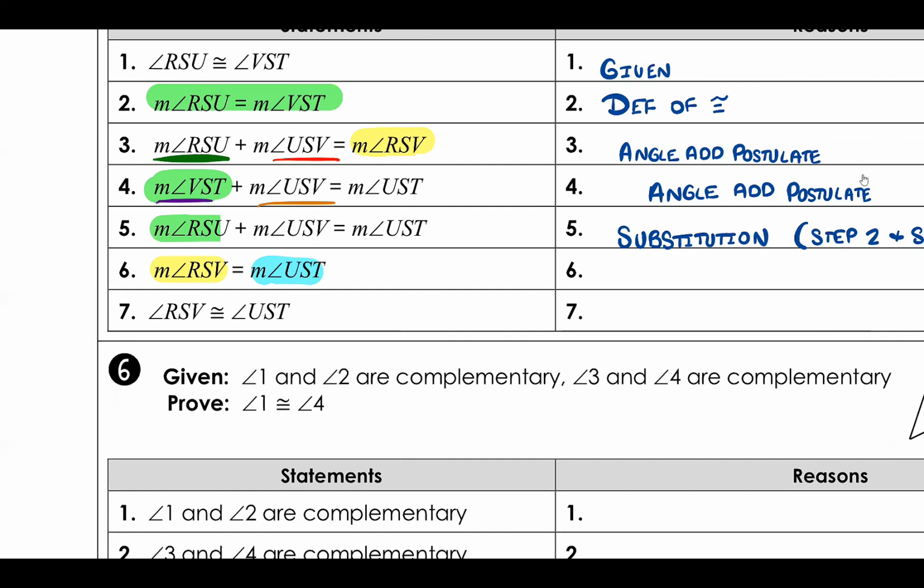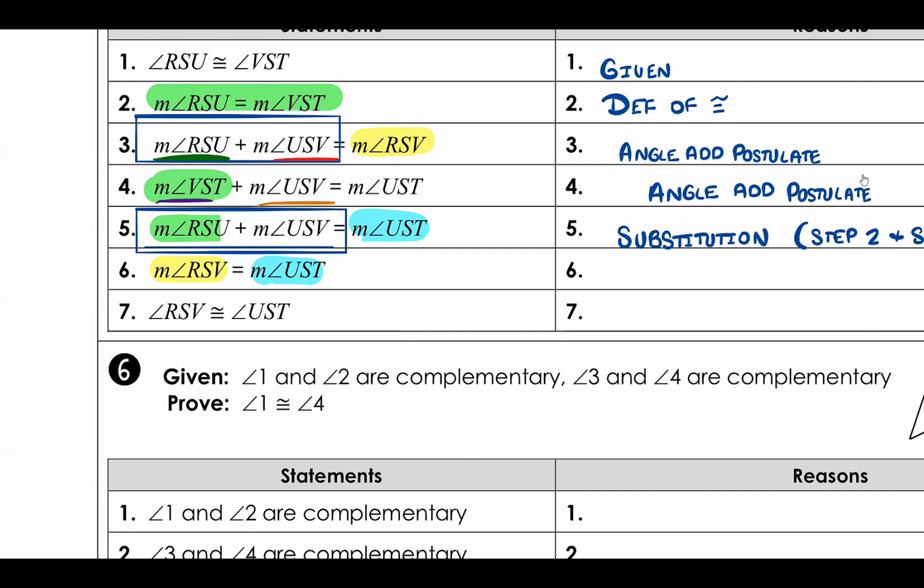So what's different between 3, 4, and 5? Do we see something else that's in common? Look at this term right here versus that term. What do we know is true about the yellow highlighted RSV and the blue highlighted UST? They're both equal to what? Do they both equal the same thing in 3 and 5? They do.